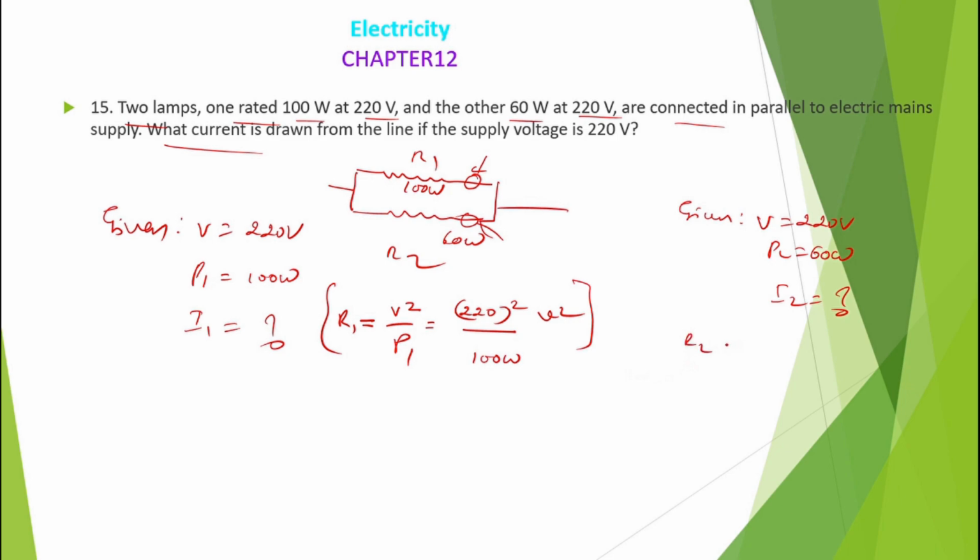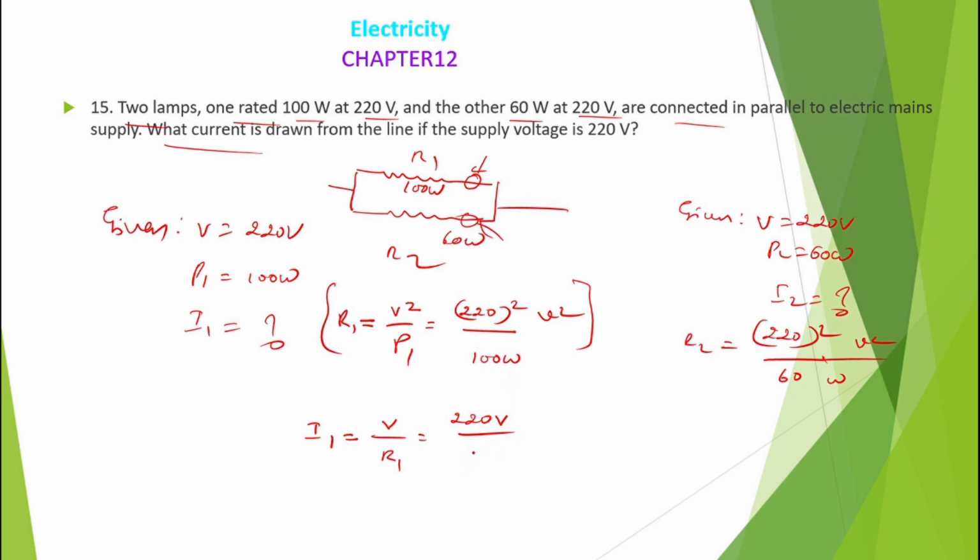R2 is the same, 220 whole square divided by 60 watt. Now the current consumed at R1, that is I1, is equal to V divided by R1, so V 220 volt divided by R1.